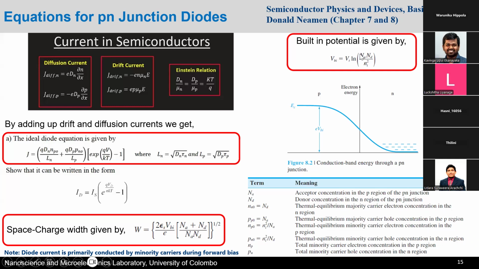You can use the same for the acceptor atoms, and then this is the concentration for an intrinsic semiconductor, and then this is the thermal voltage, and by using this equation you can get the built-in potential that I showed you earlier, right?